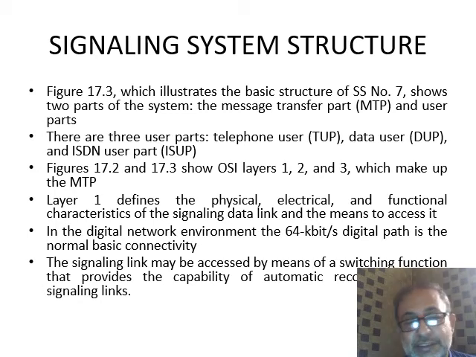Layer 1 defines the physical, electrical, and functional characteristics. And in the data network environment, a 64 kbps digital path is the normal basic connectivity. Signaling links may be accessed by means of switching functions that provide the capability of automatic signaling links.